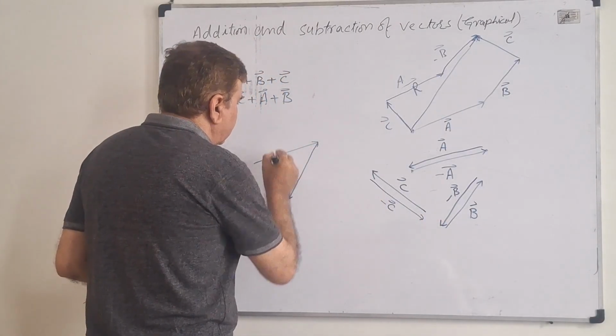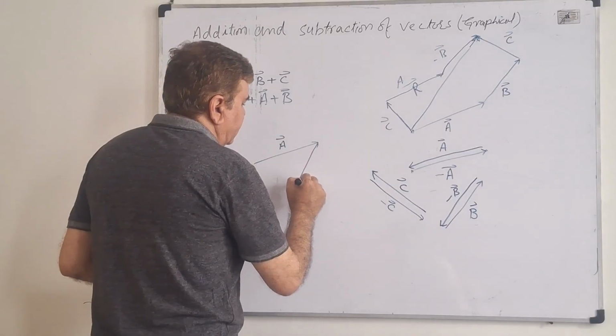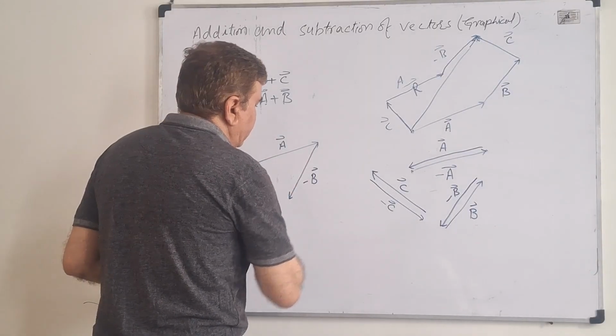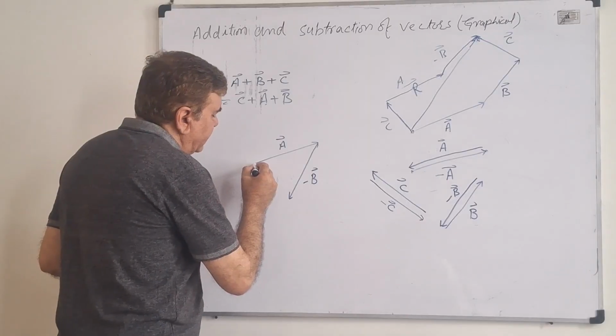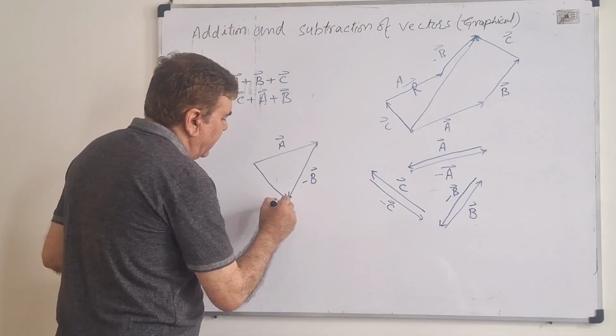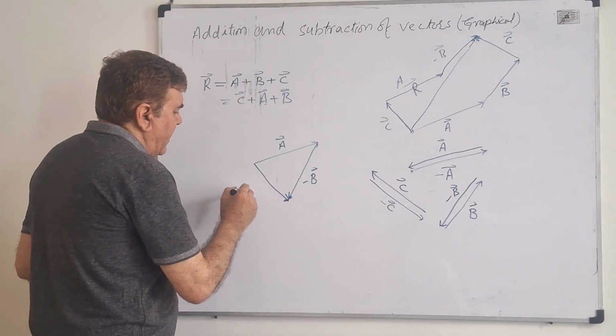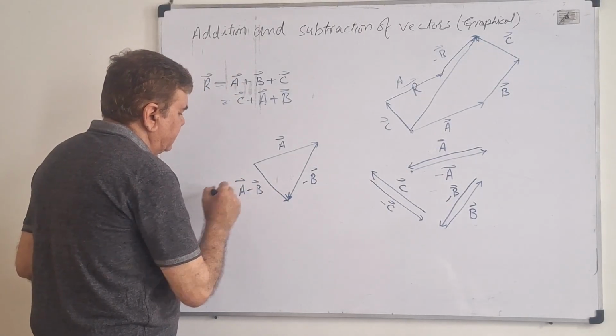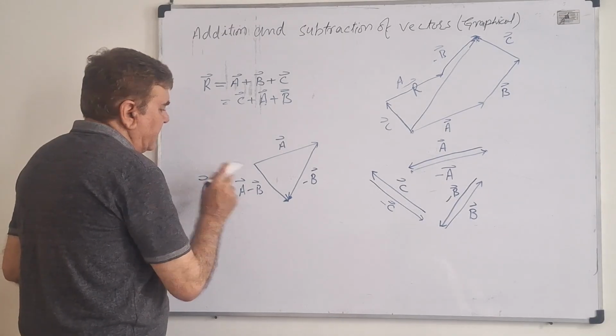This is vector A, and this is then minus vector B. And then we join the tail of the first vector with the head of the last vector, and this is then A minus B. That is, the resultant R is A minus B.